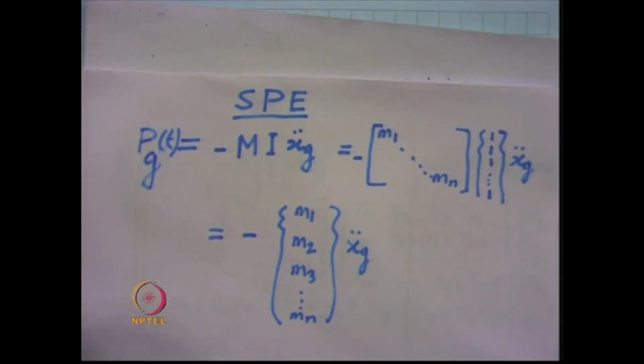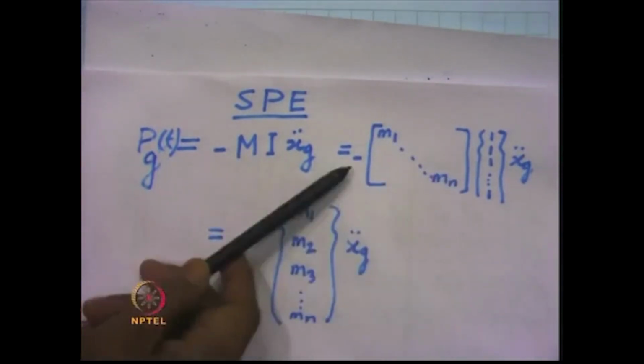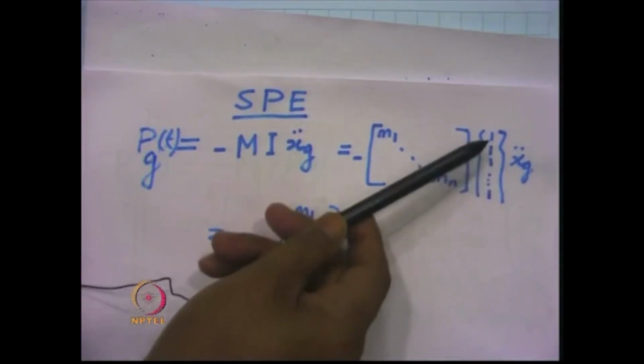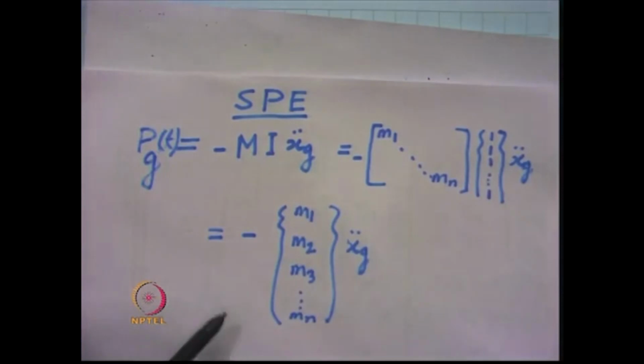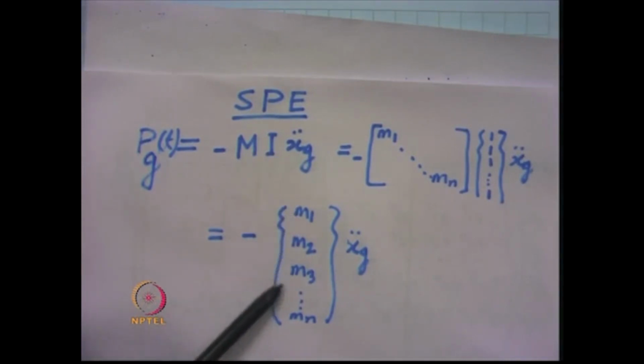If it is a single point excitation system, then minus m i x double dot g is the right hand side force vector, and if we expand it, this is a diagonal mass matrix. I is a vector for the multi-story building, 1 1 1 1, into x double dot g, which gives a right hand side load vector of minus m1 m2 m3 up to mn into x double dot g.